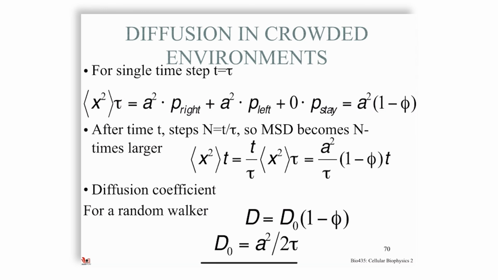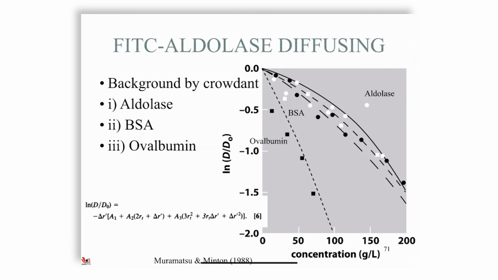The mean square displacement, in fact, then becomes a squared by tau, which is d upon 2, I'm sorry, 2 dt, times 1 minus phi. So, proof, is there any proof for all this?